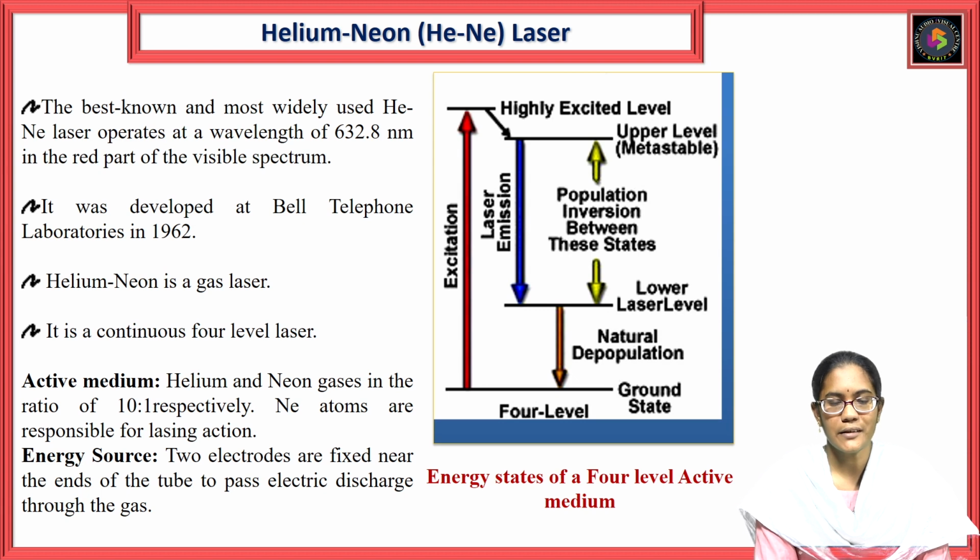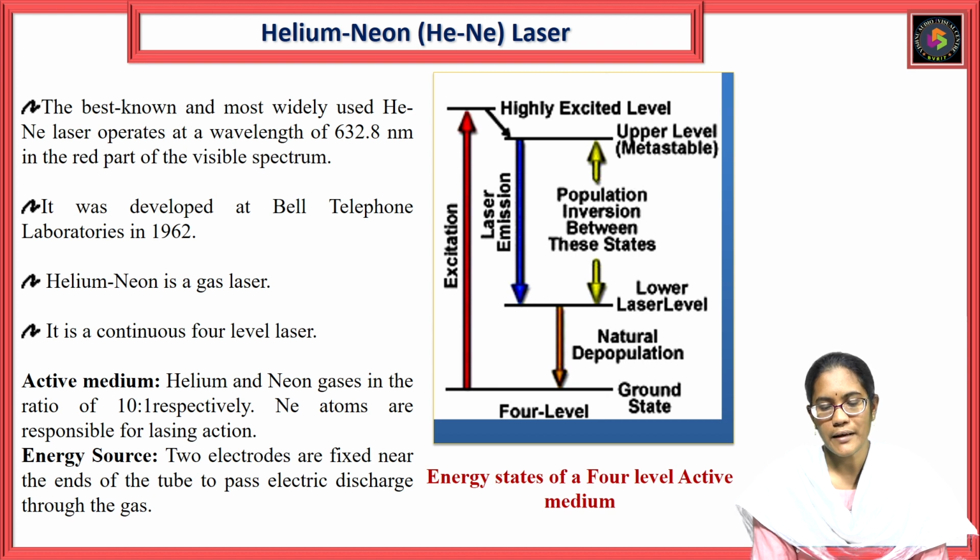It is a gas laser, and it is a continuous 4-level laser. Here, 4 energy levels participate in the lasing action. This diagram shows the energy level diagram for the 4-level laser system. Here 4 energy states participate in the lasing action.